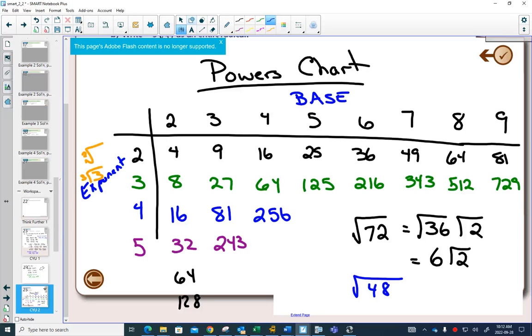Does 48 divide nicely by 36? No, because the nicest it could do would be 2 times 24. 24 is not listed, so the first one I'd have to check if I was working down is really 16. And sure enough, 48 is 16 times 3. So you notice when I was looking for the biggest one, I started big and went down. That means the square root of 16 happens to be 4, so as a mixed radical, the square root of 48 is part of our root 3 family.